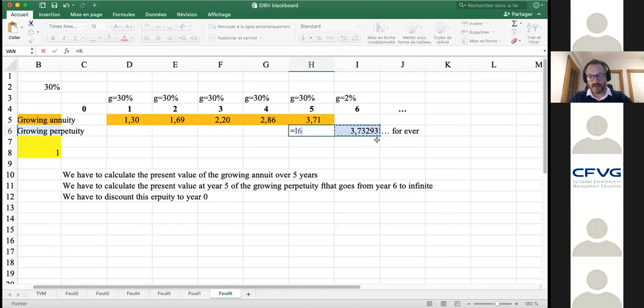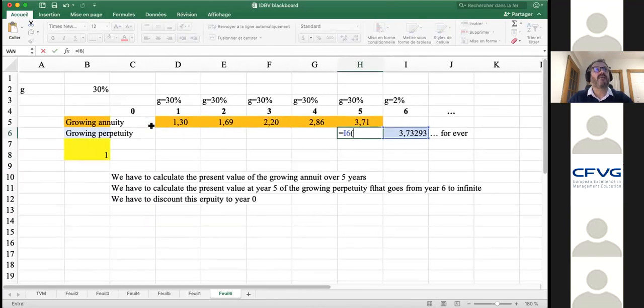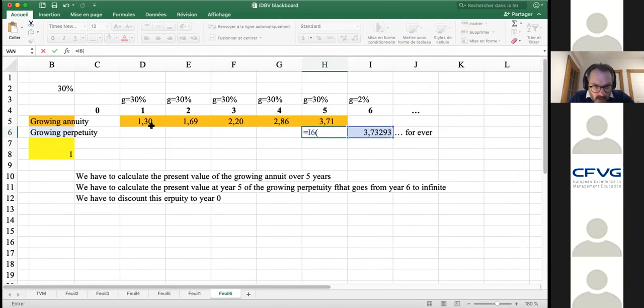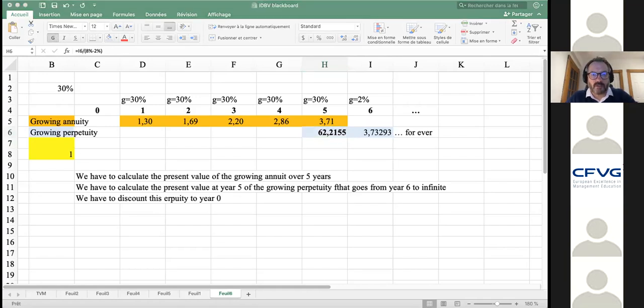It's going to be this one divided by R, which is 8% minus 2%. Okay, this 62, let me check that the result is correct. No, it's not.